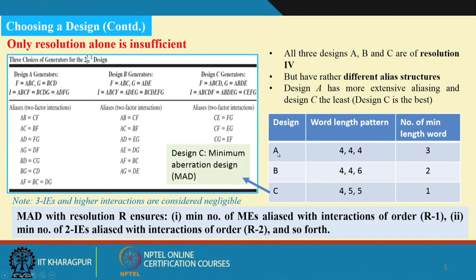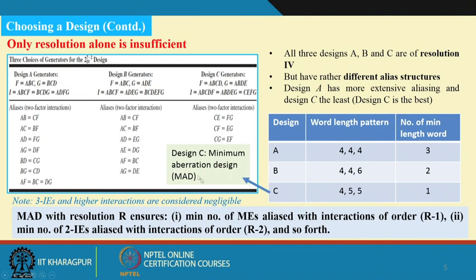Here A is having the most extensive aliasing and C is having the least aliasing relationships, and C is having the least number of minimum length words, and C is the minimum aberration design.